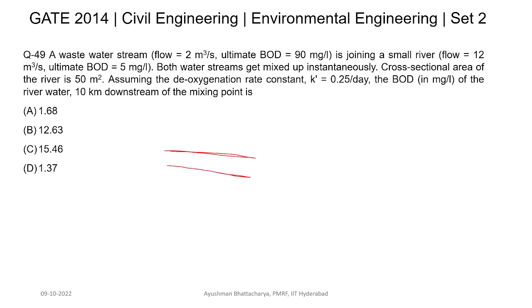This is a wastewater stream. It is joining a river, a small river, which is flowing. So this is the wastewater stream, and this is the small river.